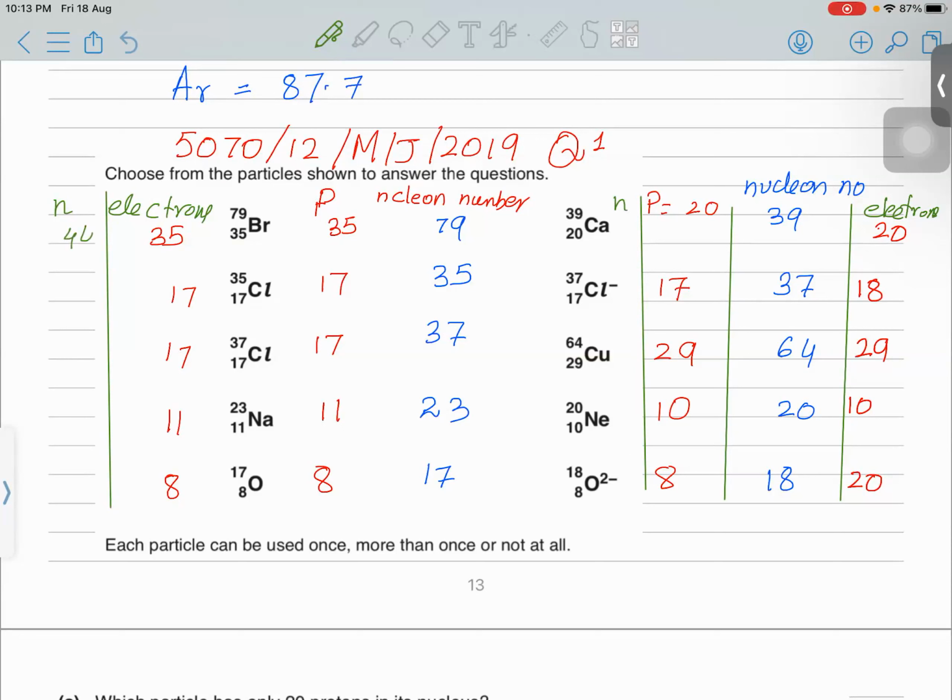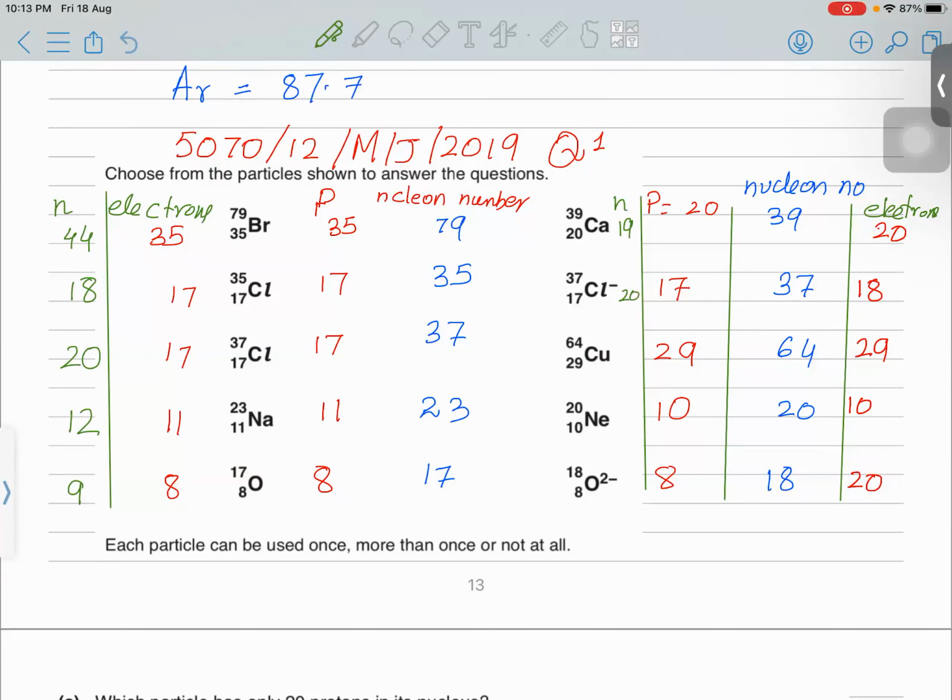For the second, 18. For the third one, 20. Then 12. Then 9. Then in this one, 19.